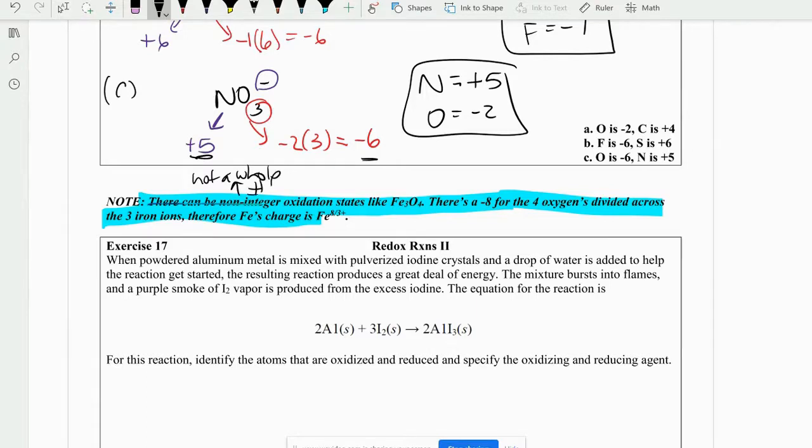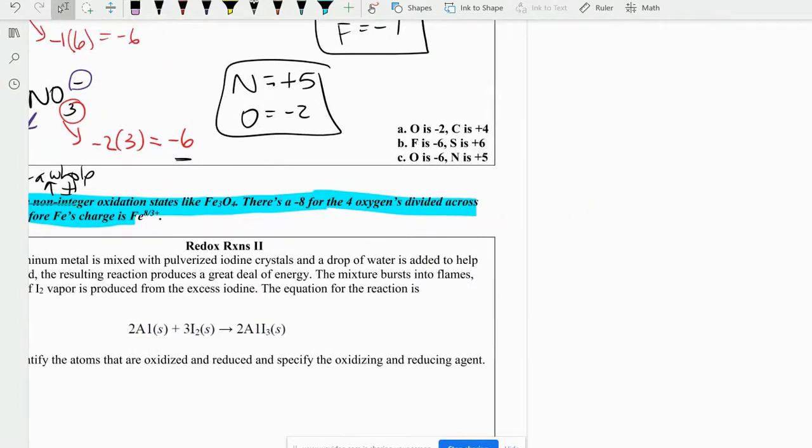And if you look at Fe, let me go ahead and write it over here to the side, you guys, where I have a little bit more space. Fe3O4. You know for certain that oxygen is going to be a -2, and there's 4 of them. So you're going to get a -8. But then you're over here and you're like, wait a minute. What must the charge of the iron be?